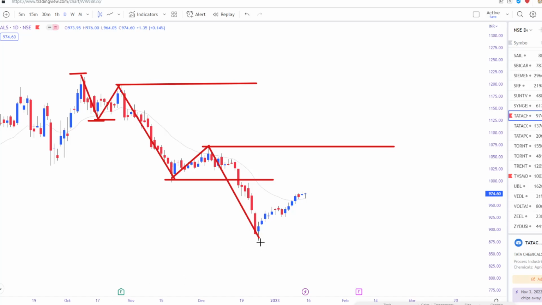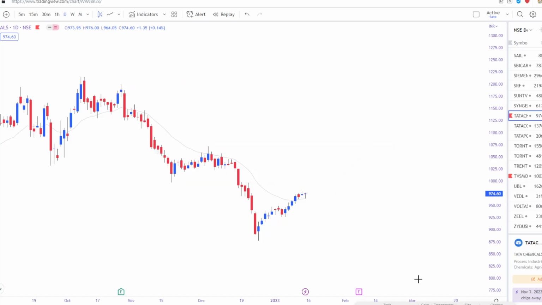So unless the price goes and breaches, let's say something like this, and closes above it, it is still in a downtrend. So when you look at the chart and say what trend this particular stock is in, you have to be very clear that at this point this stock is in a downtrend. Okay, and this is the recent lower high, and that has to be breached for the downtrend to end.